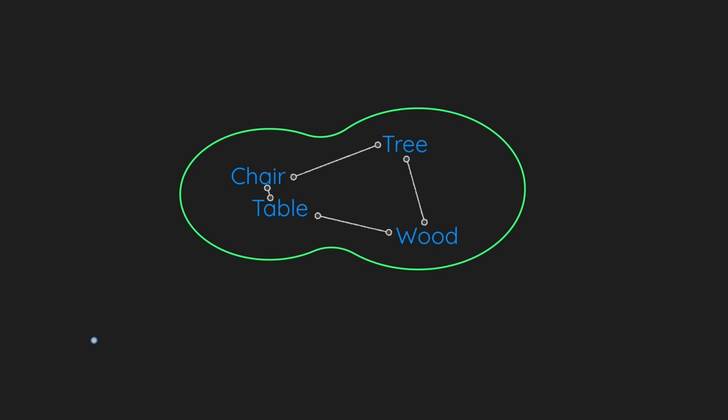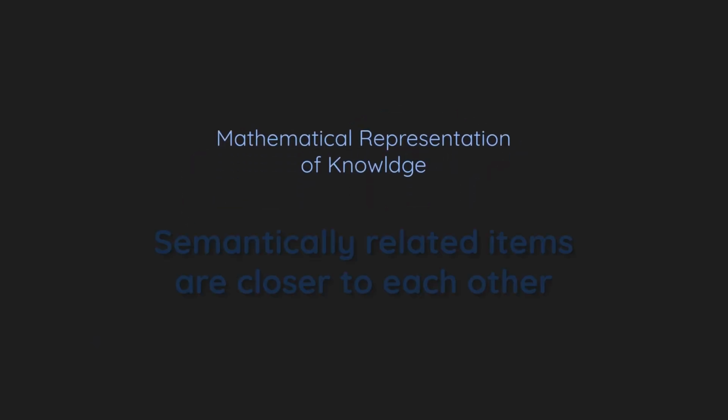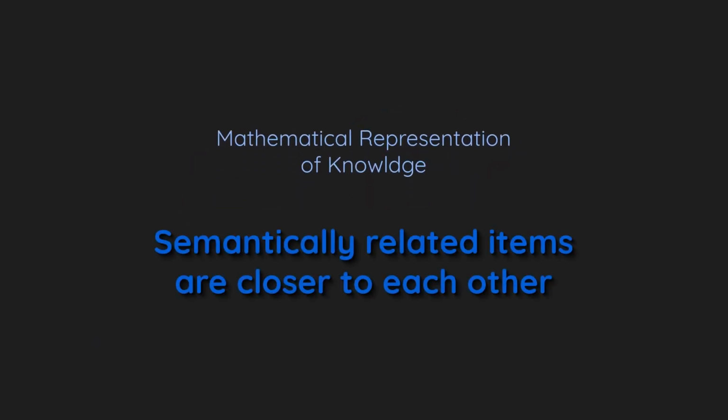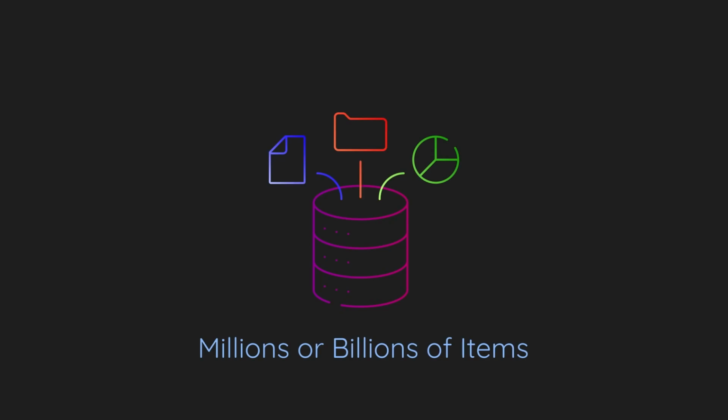This is how a vector database measures relationships. The closer the vectors, the stronger the relationship. In essence, a vector database is a mathematical representation of knowledge where semantically related items are closer to each other in a vector space. Now, this is a very simplified example. In reality, vector databases handle millions or even billions of items.